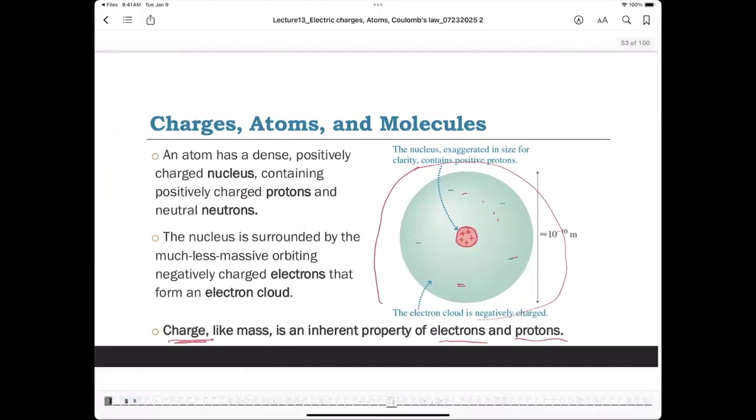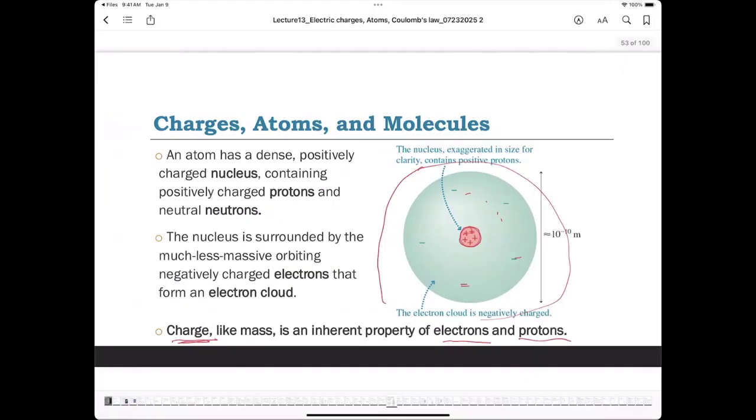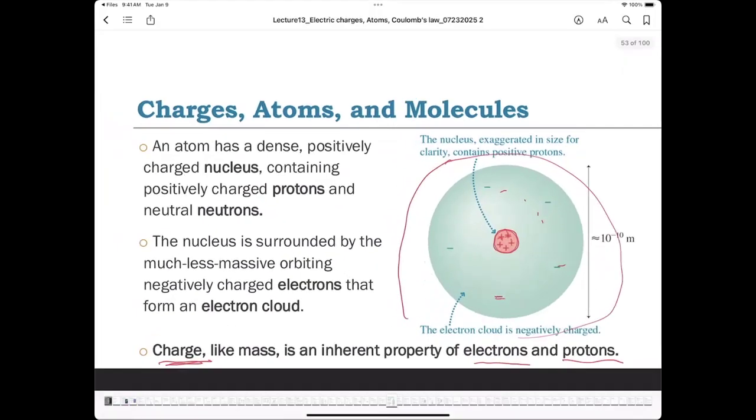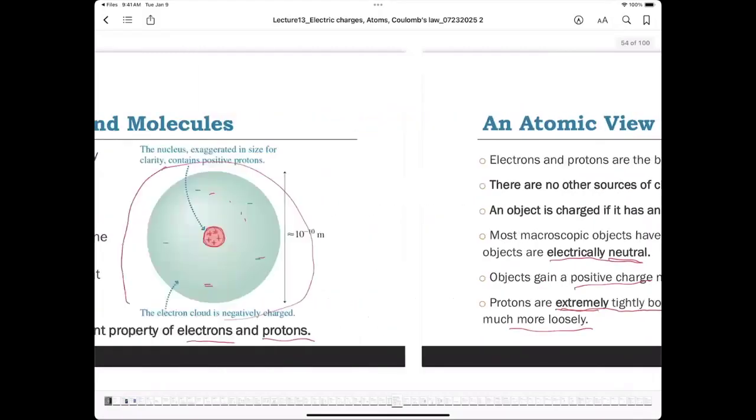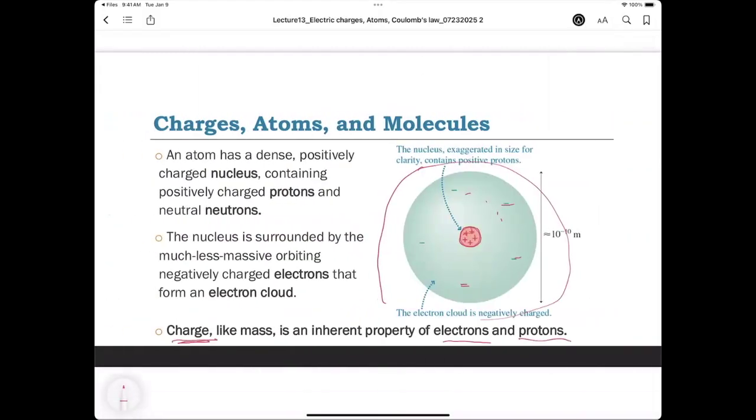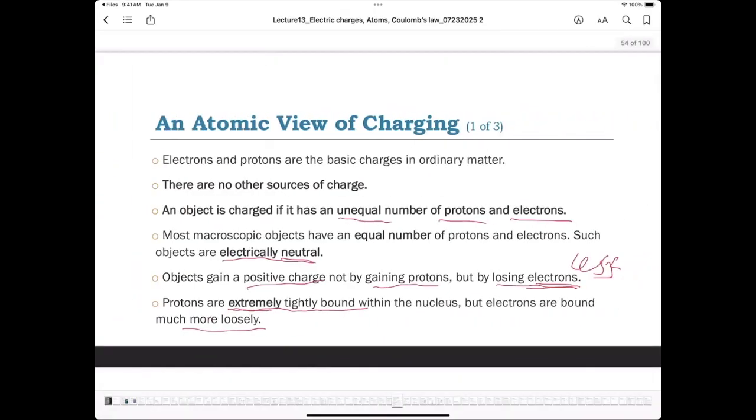You can see here, the protons are extremely tightly bound within the nucleus, but the electrons just orbit around, surrounded by these nucleons, and are bound much more loosely.